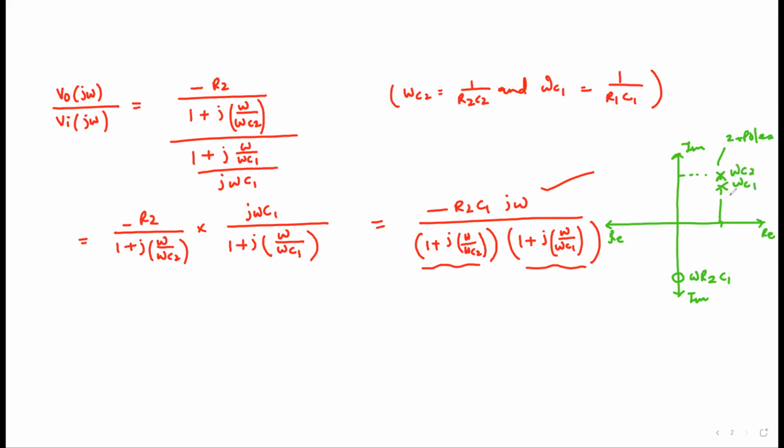So these two frequencies, poles are there, and that's how they will make the phase angle right here. We'll see later what values, what frequencies they are placed at. That depends on the values we choose for the resistors and the capacitor here.